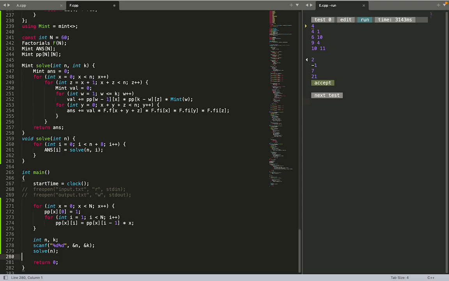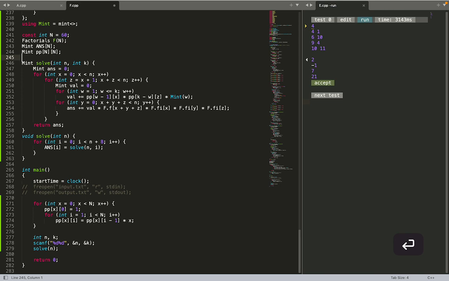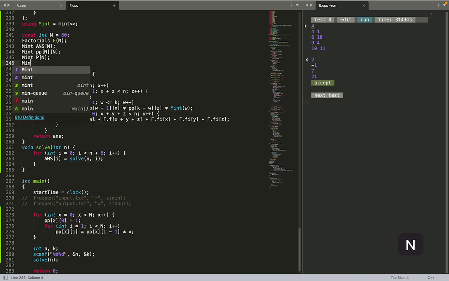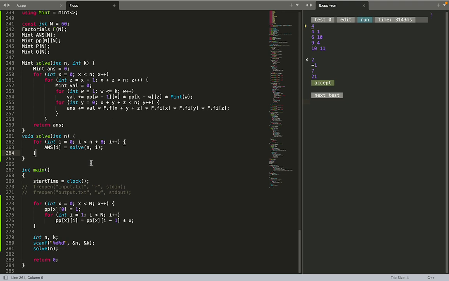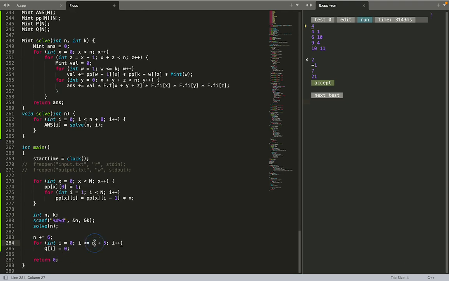Okay, so now I have to interpolate. I don't care about n anymore, so I can just say, okay, that will be the degree of my polynomial.